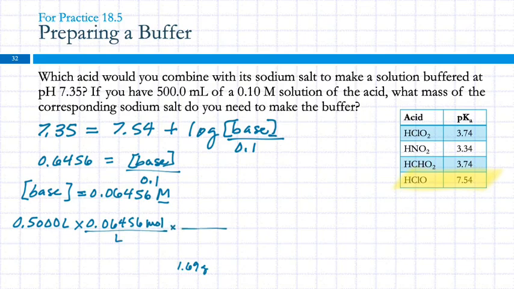And what is my sodium salt? Oh wait, no, that's not it. So our sodium salt is sodium hypochlorite. So 22.99 plus 35.45 plus 16, 74.44 grams per mole. Okay, I had the right idea. It's 2.4. Yeah, you had the right idea.